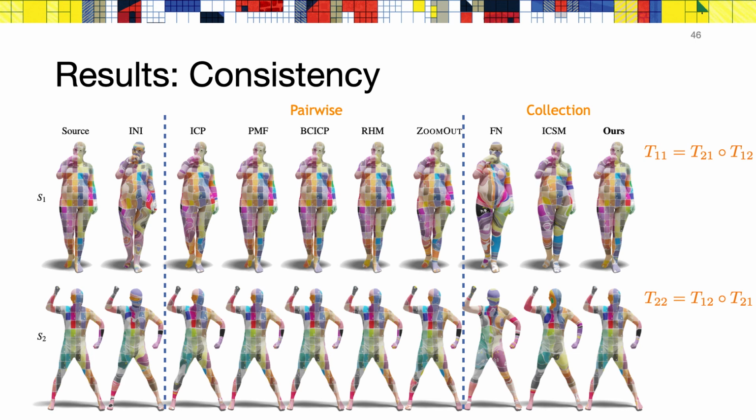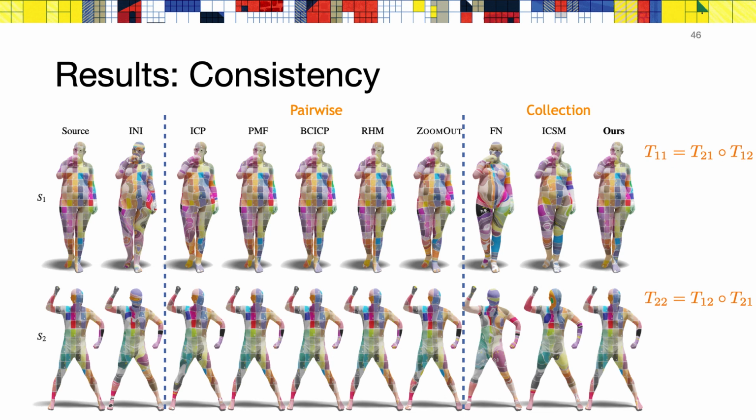Here we pick two shapes from the SHREC'19 dataset. Then we compute the pointwise maps T12 and T21 using different methods. Ideally, their composition should be identity maps. In this figure, we show the composed maps with respect to different methods. We can see that qualitatively, our results are close to the ground truth and are comparable to the results of PMF, BCICP, and RHM.